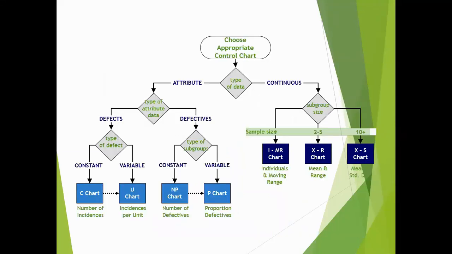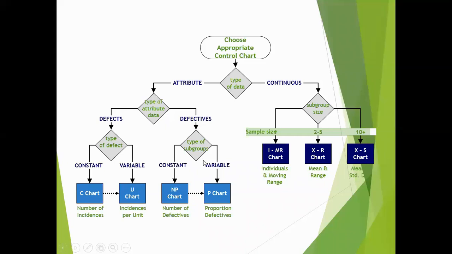Now here again, based on the data, we have attribute or discrete data and continuous data, right? Based on that, we have multiple control charts that you can use. You probably don't need to learn all of these, but some of these are very useful. For example, if the type of data is about defects, the number of defects, you can either use a C chart or a U chart.